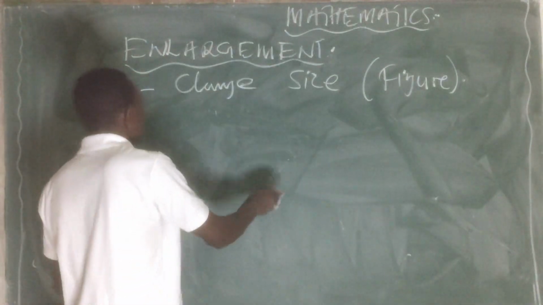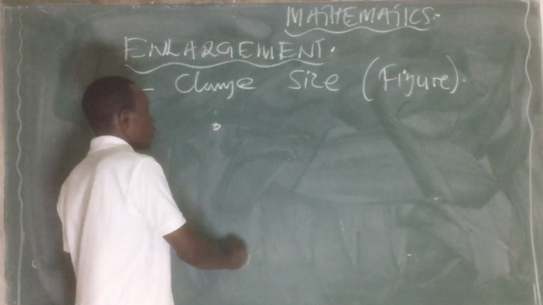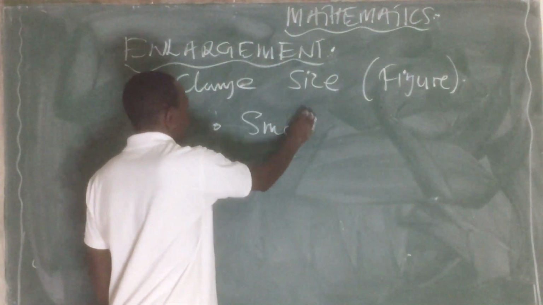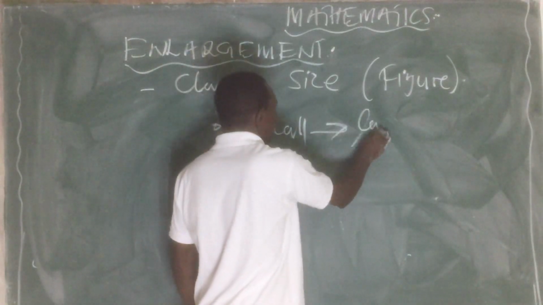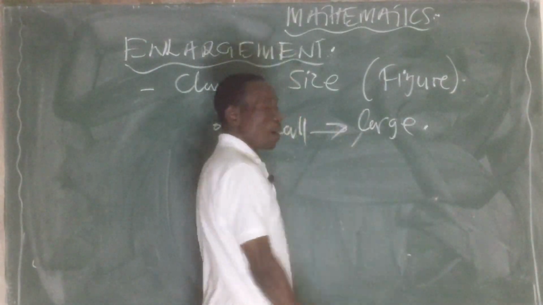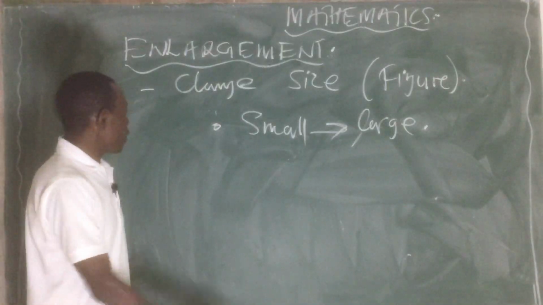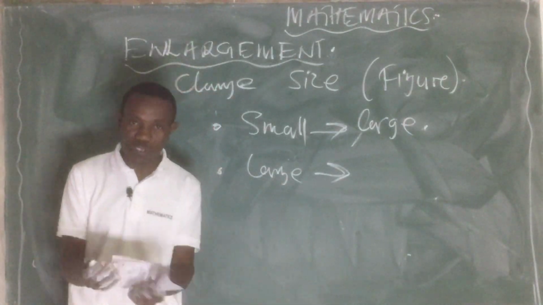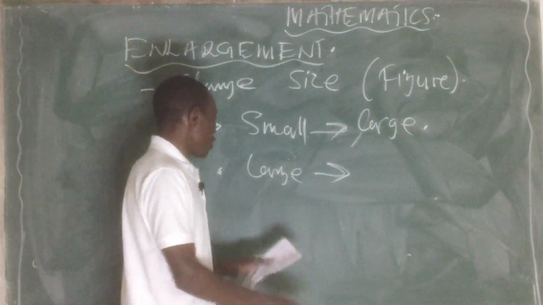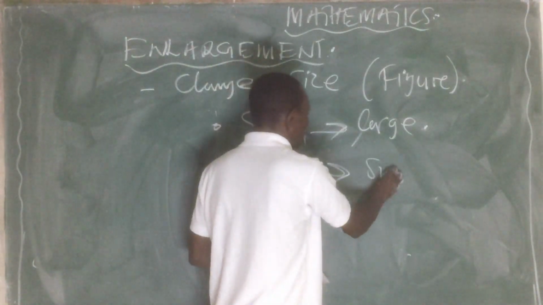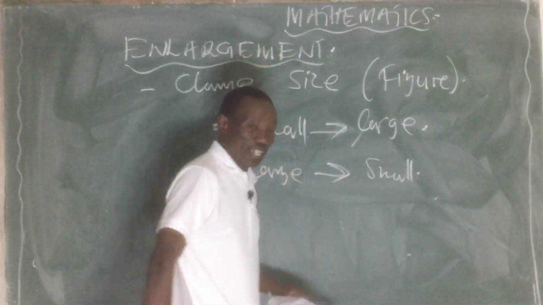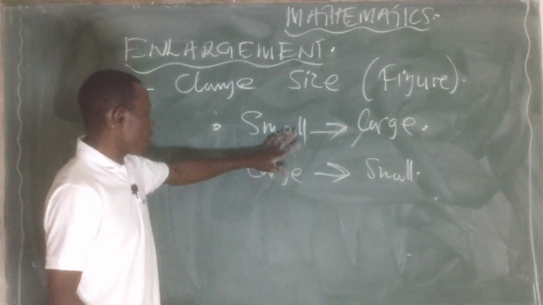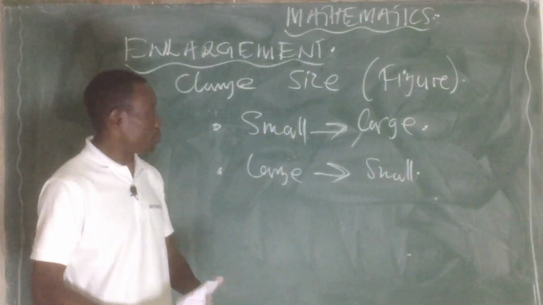So we talk of a change in size of an object which is small and then becomes large, just like magnified. Or else an object that is large and you now reduce to a small size. So it means large to small. Thus, enlargement in our case is just a change in size of an object.